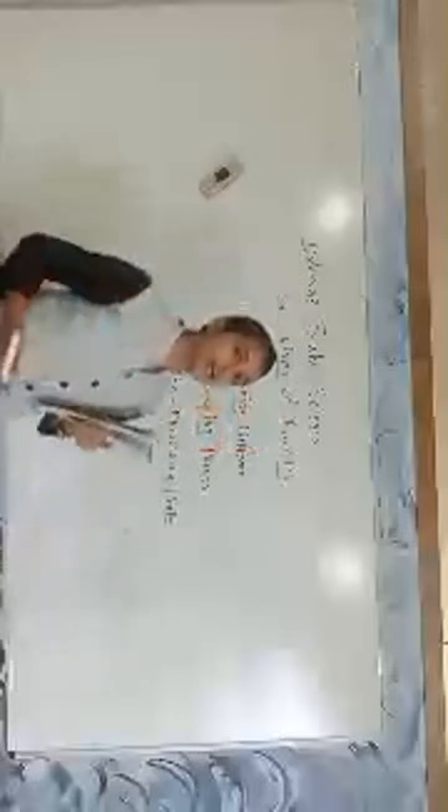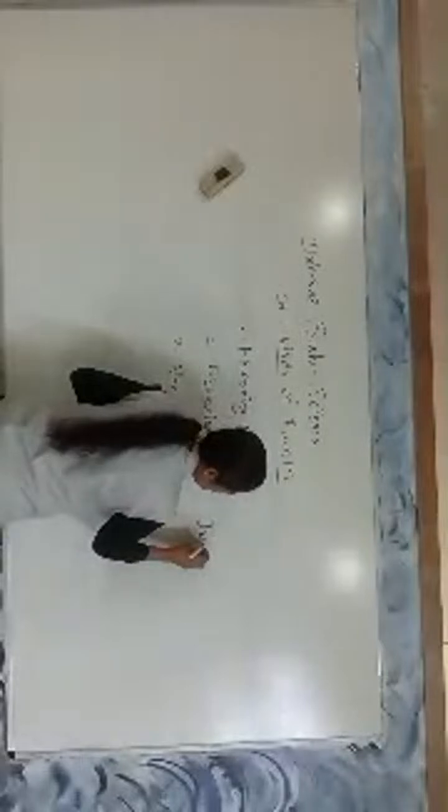So you have to write flowering plants. You can write rose, you can write jasmine, which gives flowers, and non-flowering plants which do not give flowers.